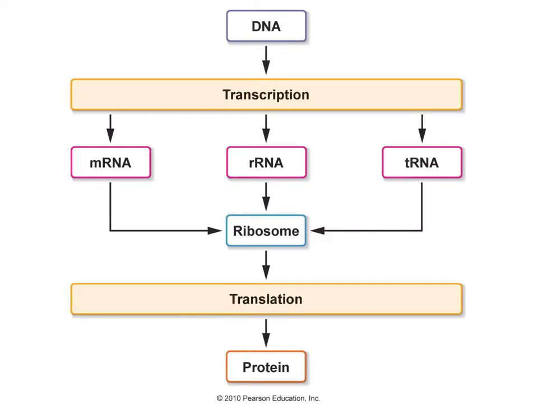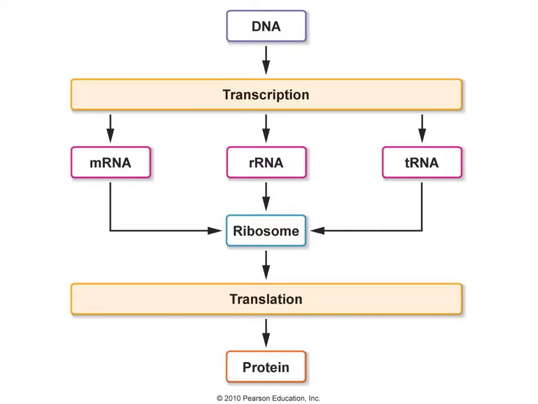So this is an information flow diagram that starts with DNA and illustrates the role of DNA and what is done with the information there, how it's extracted, how it is turned into something, and what the end product is. Today, in this lecture, we're focusing on the structure of DNA.